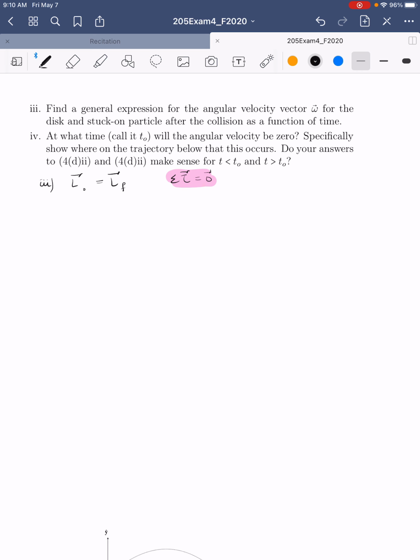As long as I'm defining my system, so if this is the thick ring and this is the particle where I'm having a collision, as long as I define my system to be both the thick ring and the particle, any force of the collision becomes internal, and then the net torque will therefore become internal as well, which means that I have conservation of angular momentum.